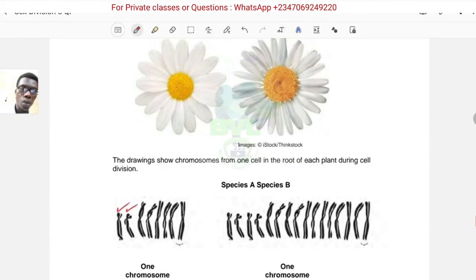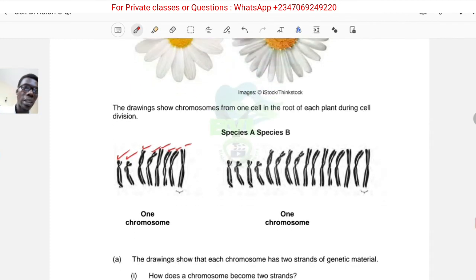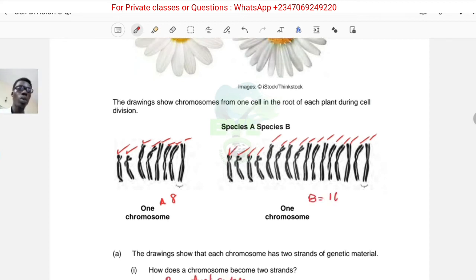Okay, 1, 2, 3, 4, 5, 6, 7, 8. So for plant species A, I think this is A, we have 8 chromosomes. For plant species B, we have 1, 2, 3, 4, 5, 6, 7, 8, 9, 10, 11, 12, 13, 14, 15, 16. So we have B, we have 16 chromosomes.